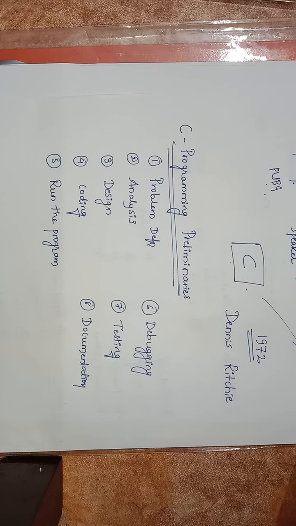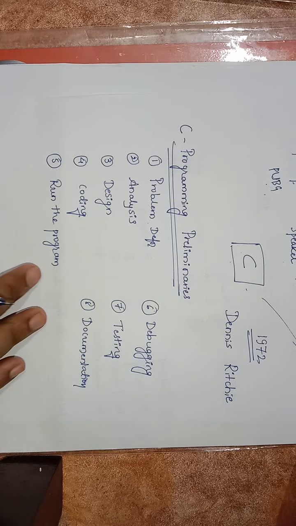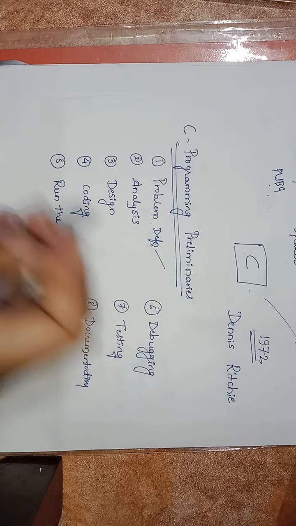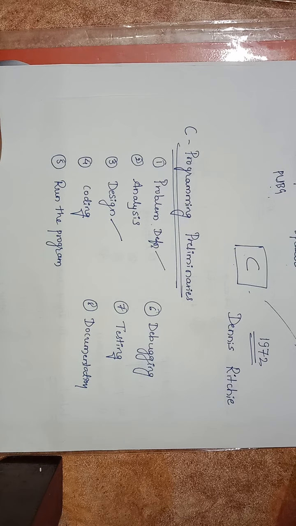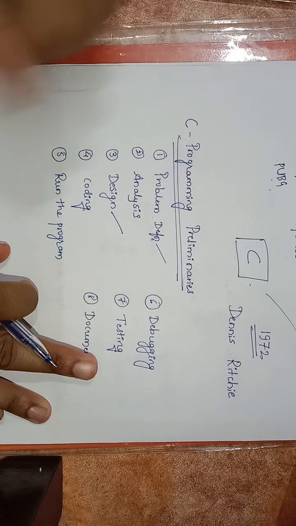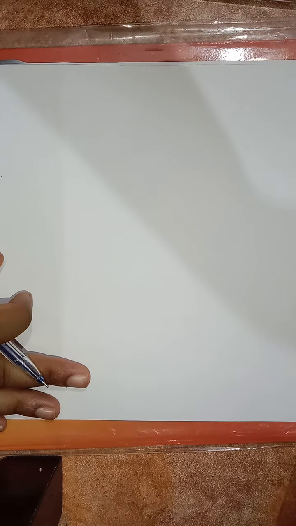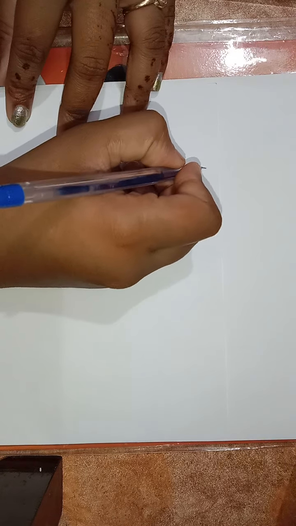steps. Understood? So for your syllabus, we are having only some preliminaries. For our C programming preliminaries, we have only 3 preliminaries: problem defining and designing.